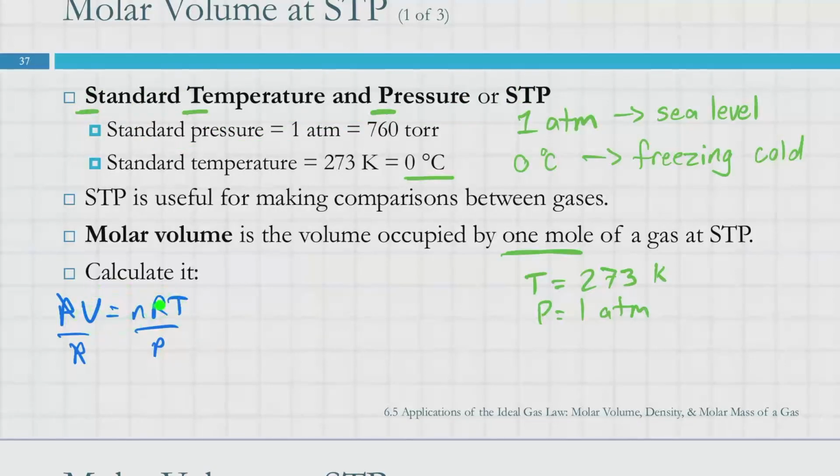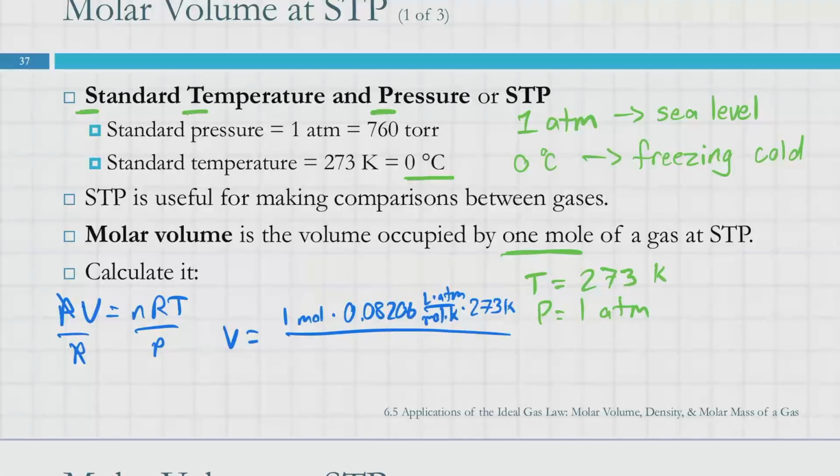So V equals nRT over P, where we've got 1 mole times our ideal gas constant times our temperature, freezing cold, and our pressure of 1 atmosphere. We're at the beach. Our units all cancel out like we've seen before, and our volume should come out to be right around 22.4 liters.